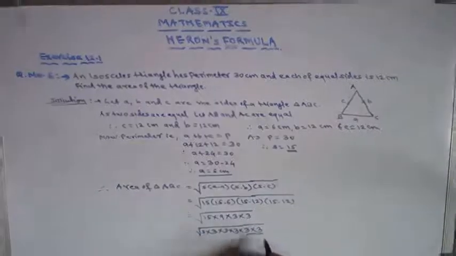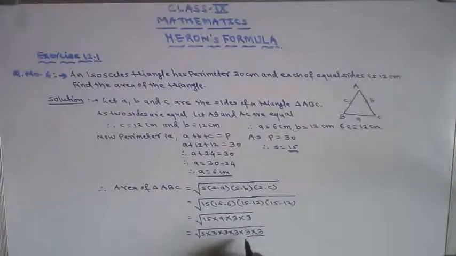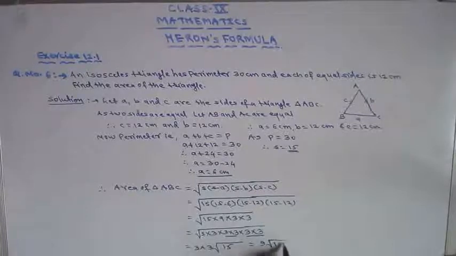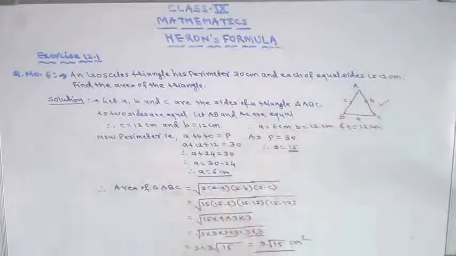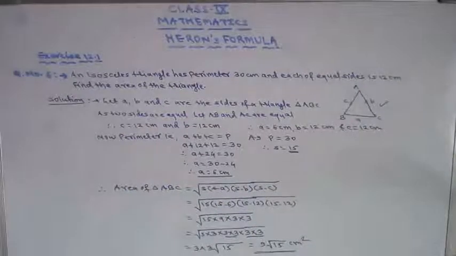So take this pair, instead of 3 into 3 I can take 3 outside the square root, and this is also 3 into 3, so another 3 can be taken outside the square root, and under root 5 into 3, that is 15. So this is equals to 9 root 15 centimeter square. Therefore students, area of this triangle is 9 root 15 centimeter square.